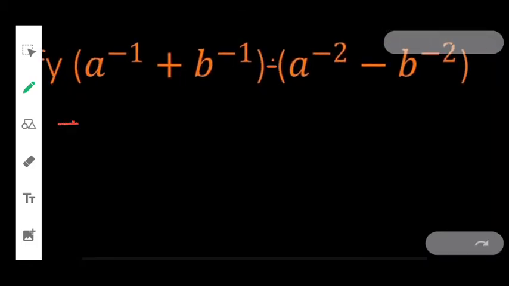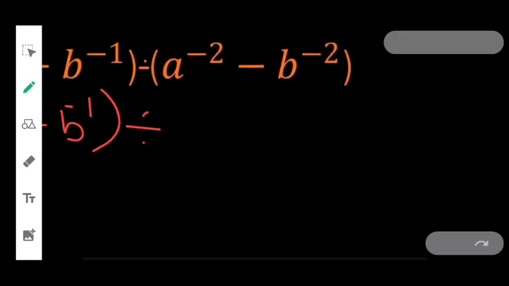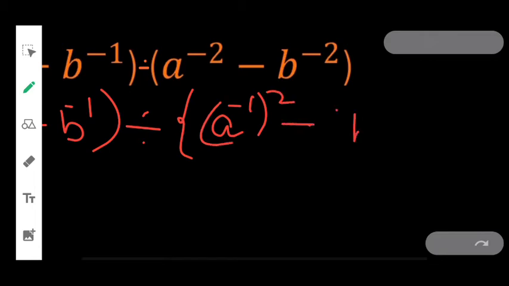Now we are going to write this as a to the power minus 1 plus b to the power minus 1 divided by a to the power minus 1 whole square minus b to the power minus 1 whole square.